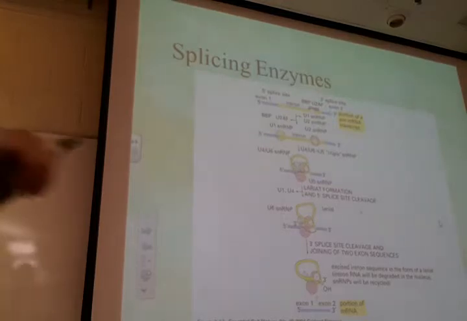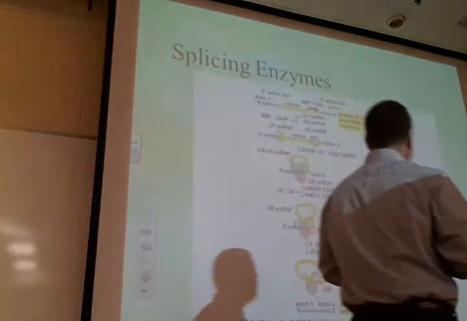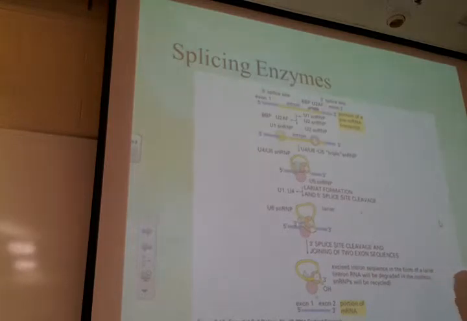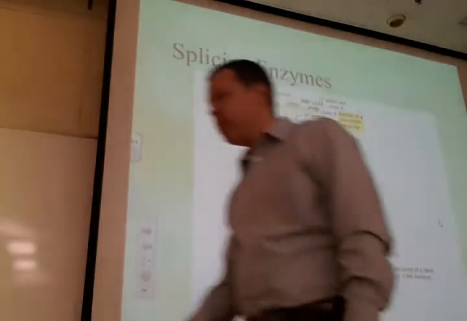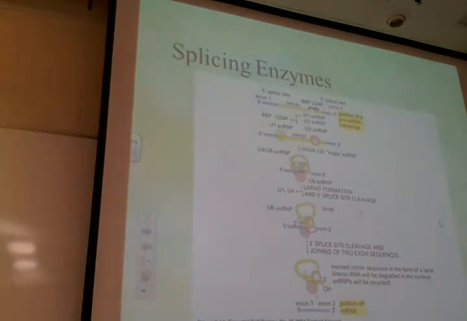I know you're sitting there saying, who the heck makes up these names? Not me. Each of these little circles here is a SNRP, or snRNP. I always put the U in just so you can say it. And SNRPs are interesting because they consist of both protein and RNA.